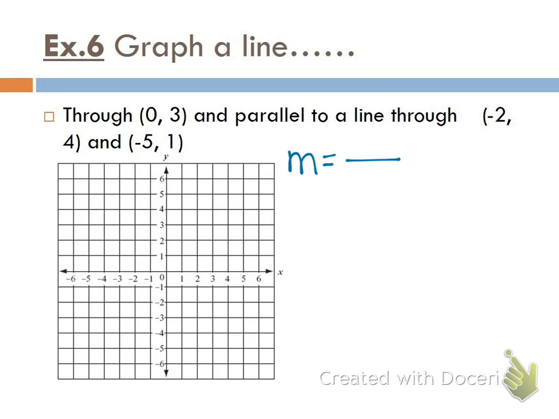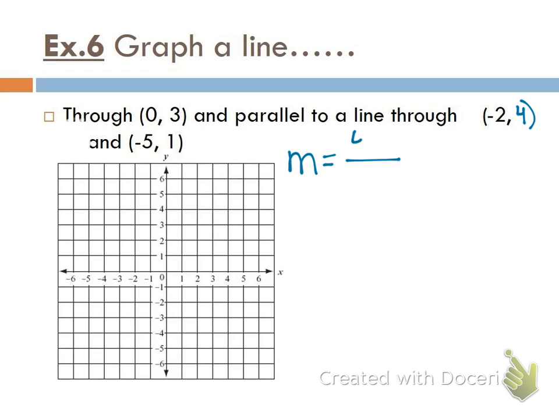To find the slope through those 2 points, what's going in my numerator? If it helps, I can write the point there. 4 minus 1 would work.